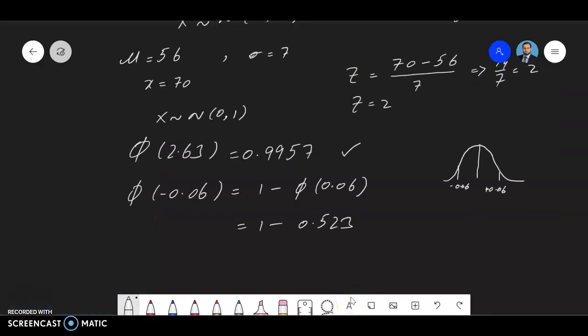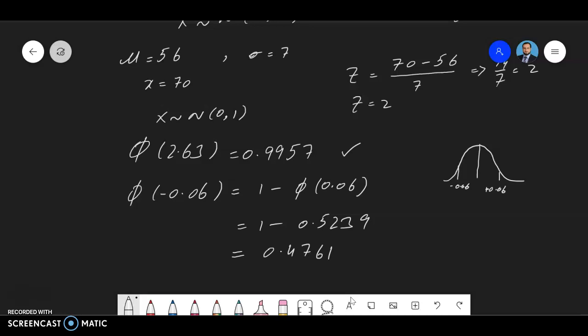That is 0.5239. So now we just need to subtract these two. Again, we can use a calculator over here. So 1 minus 0.5239 will be equal to 0.4761.